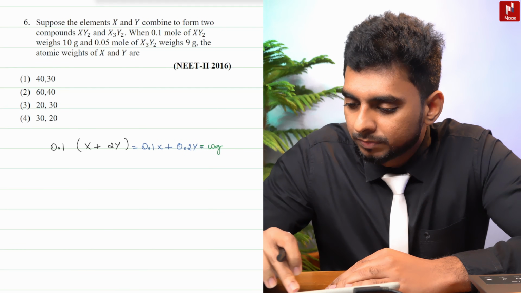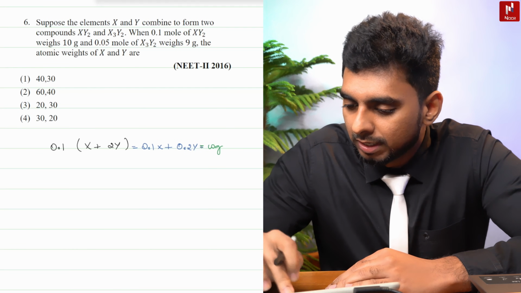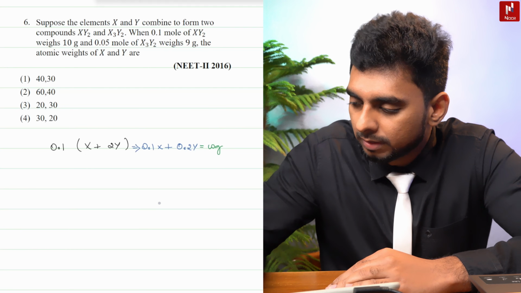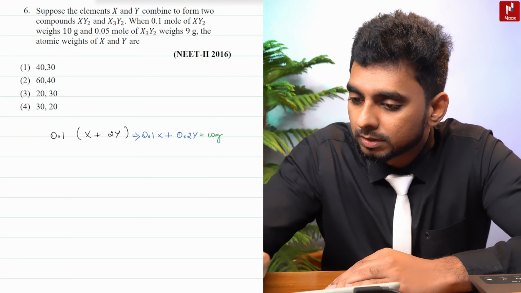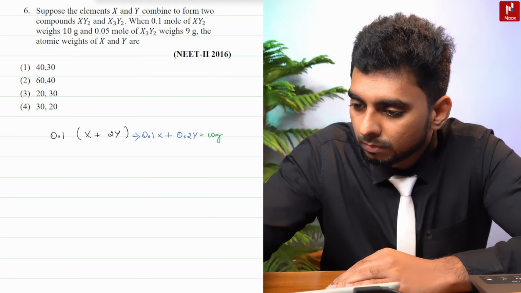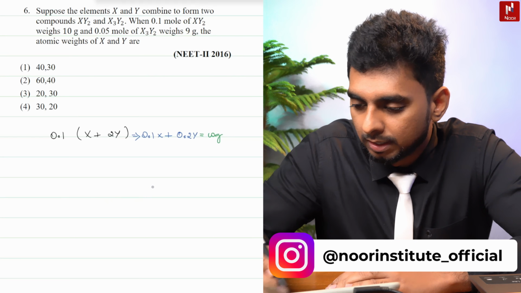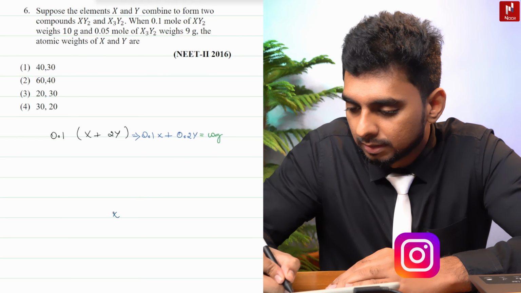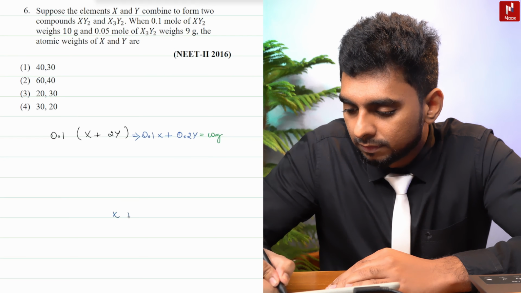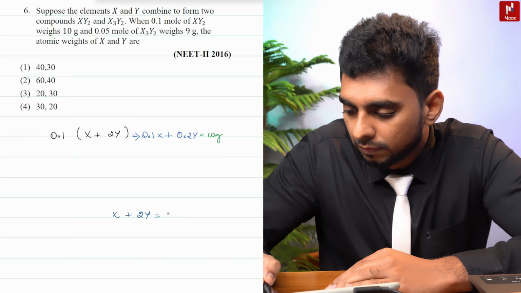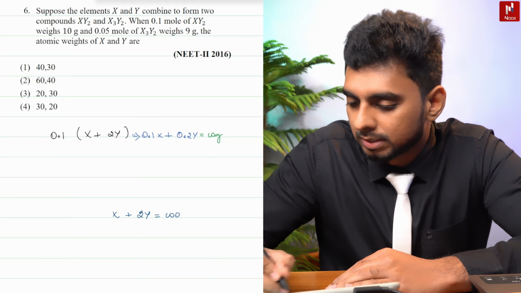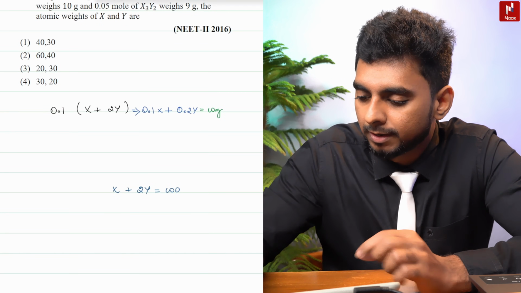Fine. Let me multiply 10 on both sides of the equation. If I multiply 10 on both sides, you will have X and then 2Y, which will give you 100. That's the first equation that is needed over here.